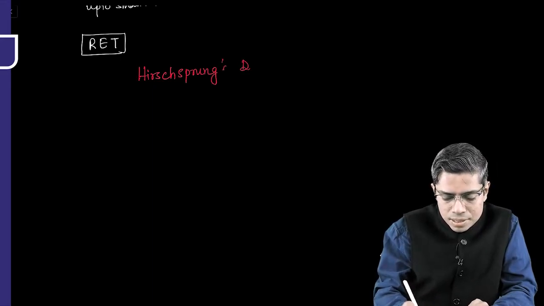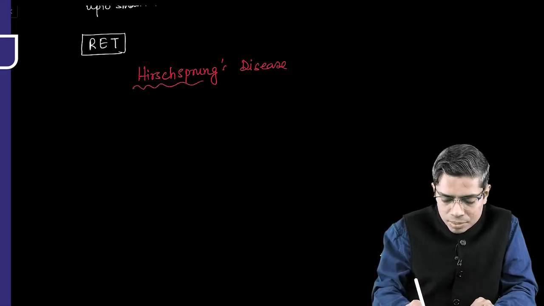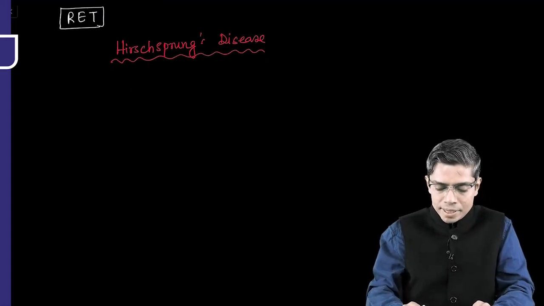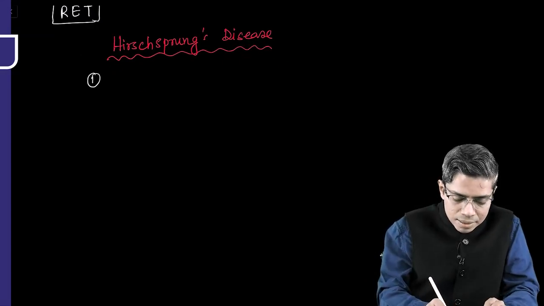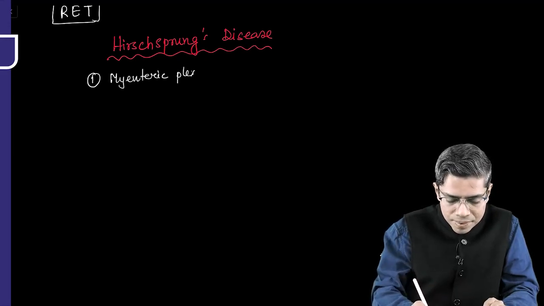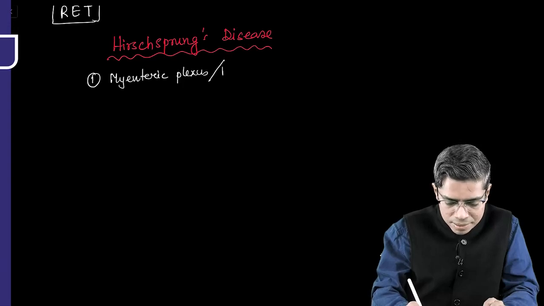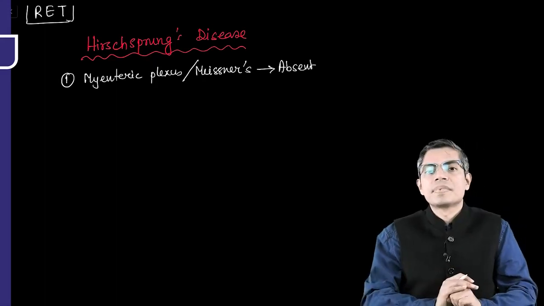It is a congenital disease of the newborn, where the enteric nervous system, that is the myenteric plexus as well as the Meissner's plexus, are absent in the GIT.